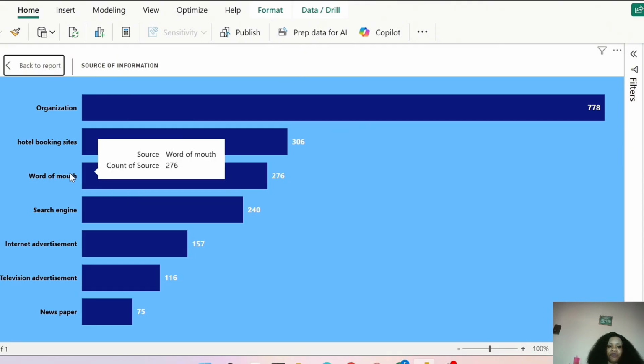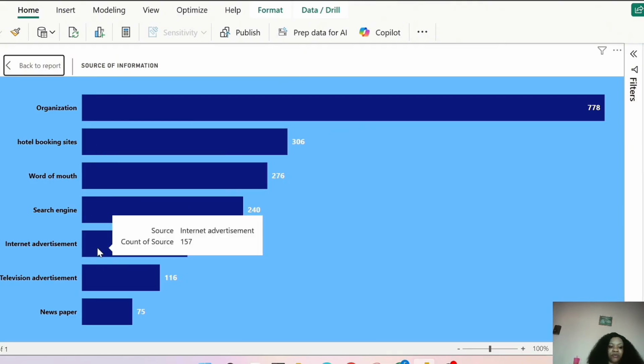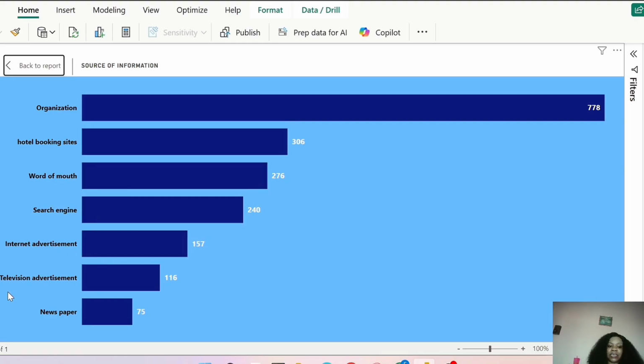But it's not enough. You begin to look at the search engine, our internet advertisement. We're advertising on the internet, on television, on newspaper, and they are the lowest. What's up with this? Is where we want to call in marketing. What's up with our ads? What is our messaging? What can we do? For this hotel booking site, I'm going to be looking at this difference here.